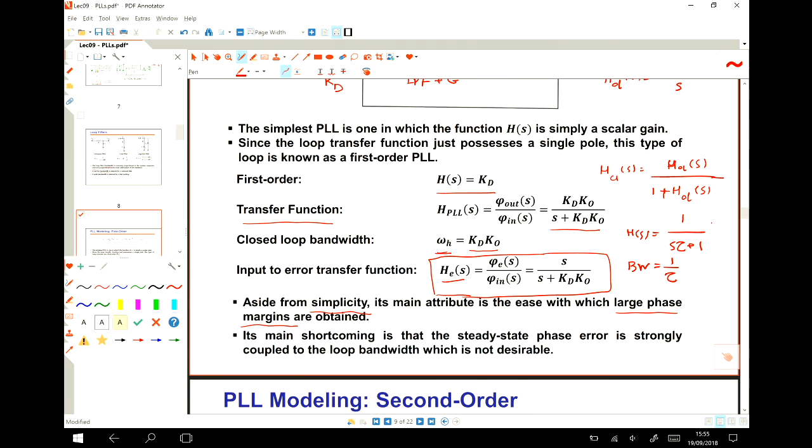Because of this very large phase margin, it can get locked for a wide range of the output phase. But the problem is that this HE of S is dependent on the loop bandwidth, which we don't like.